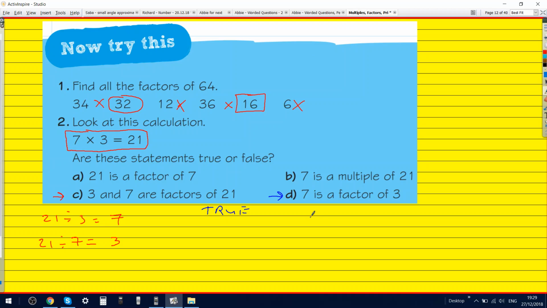So 7 is a factor of 3 means that 7 divides evenly into 3. Well, it doesn't. Yeah, so then that one's false. Okay.